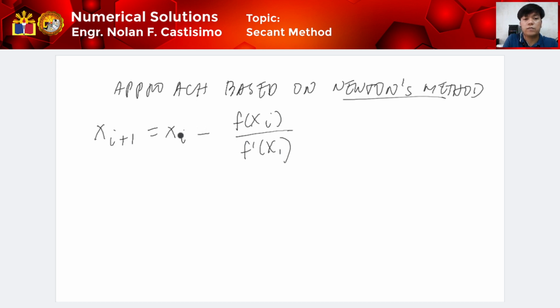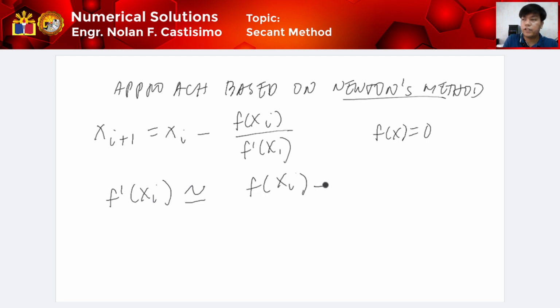Let's say, for example, x1. Now what we're getting is x2, since it is i plus 1, wherein f of x is equivalent to 0. Then we take the derivative.